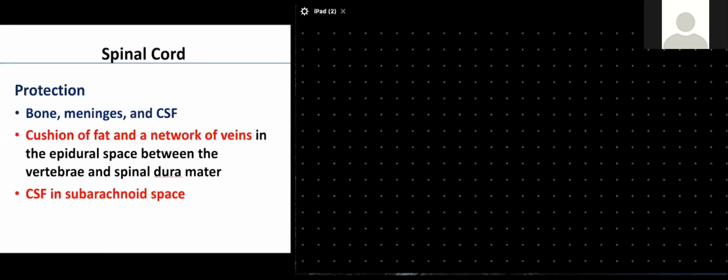Spinal cord protection is going to be very similar to the ones that we've seen with the brain. So to the outside, you've got the bone. We don't have cranial bones here, but we do have the vertebrae. We've got the 3 meninges, which will keep going surrounding the spinal cord.